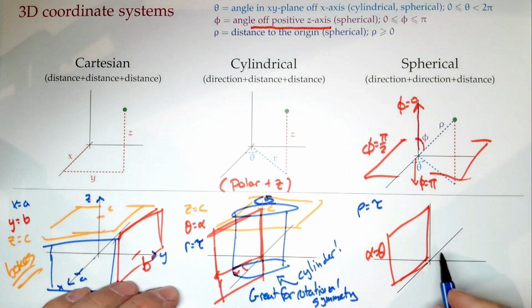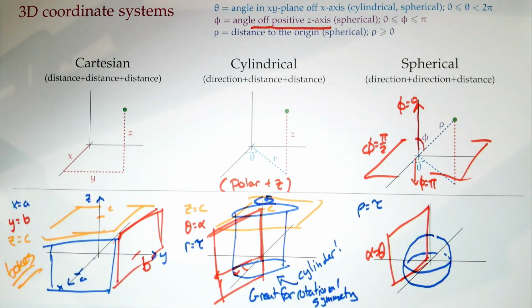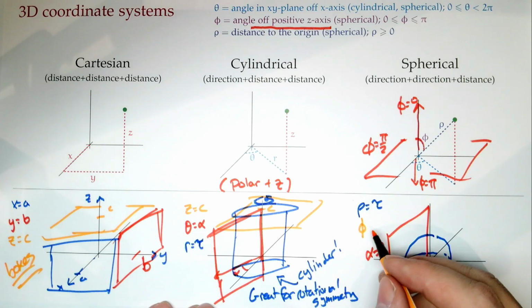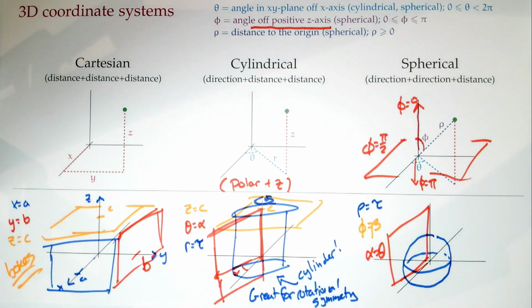That's the definition of a sphere: you look at all the points which are a given distance away from your center. So you can describe spheres very nicely inside of spherical coordinates, and hence the name spherical coordinates. Okay, well, that leaves us with one more thing, which is our phi. So, phi equals beta. What does that look like?